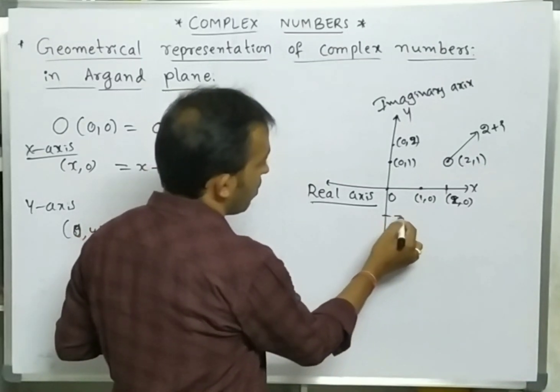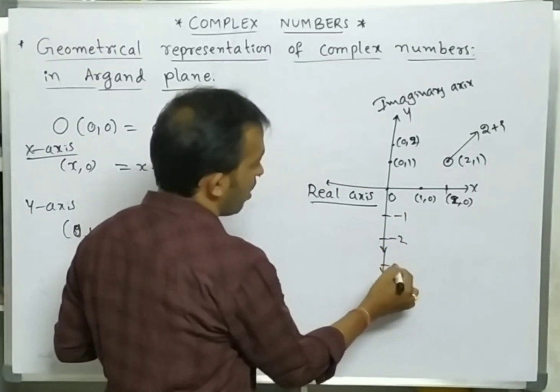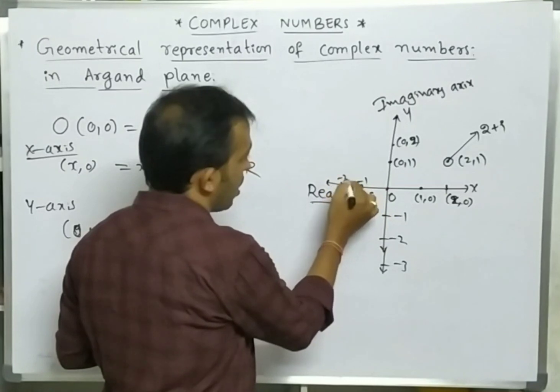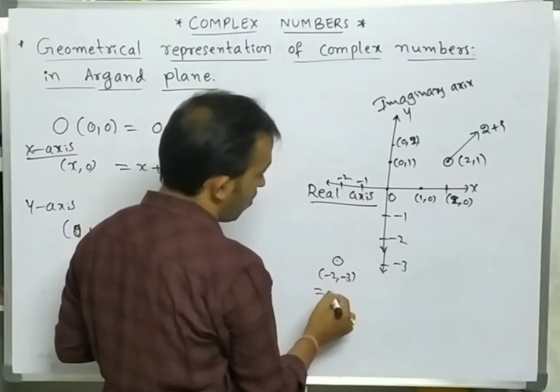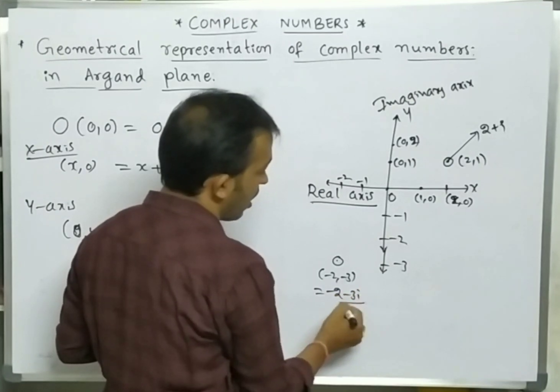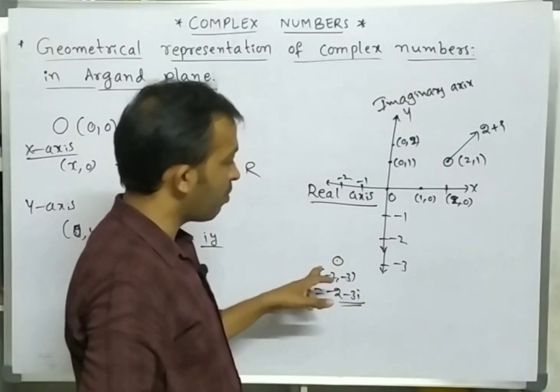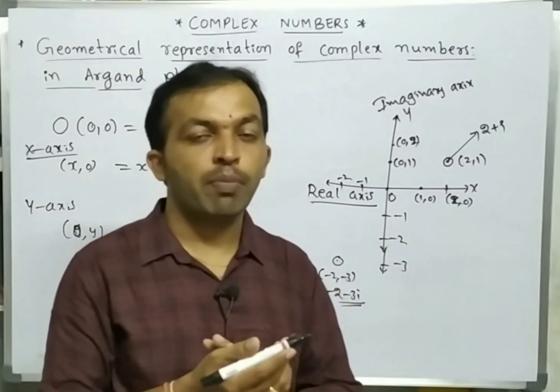Next, this is minus 1, minus 2, minus 3, and this point is minus 2 comma minus 3, which in complex form is minus 2 minus 3i. Like this we can represent a complex number in the Argand plane.